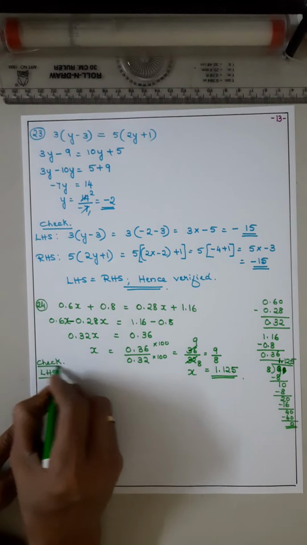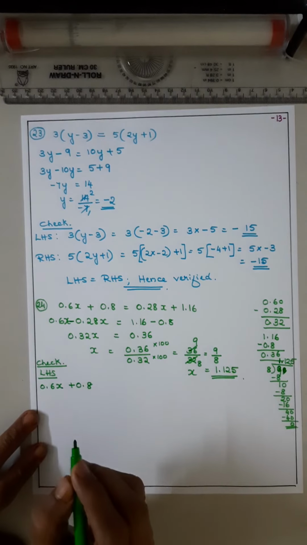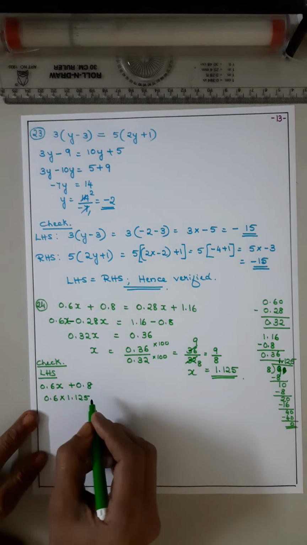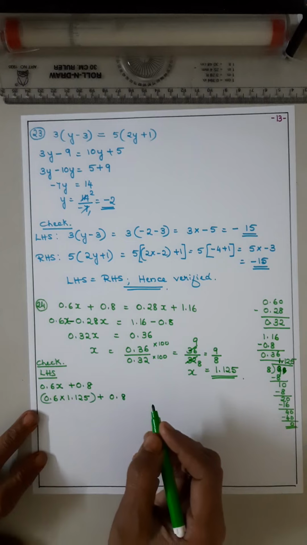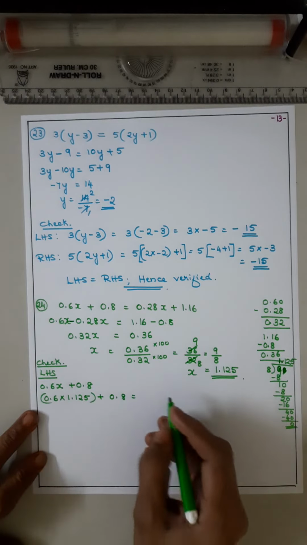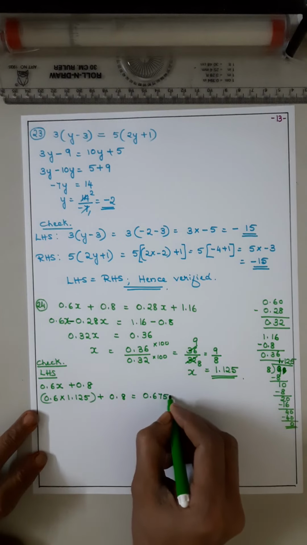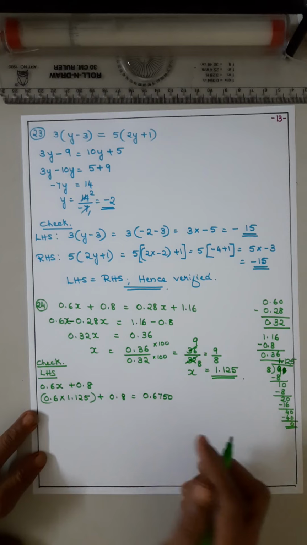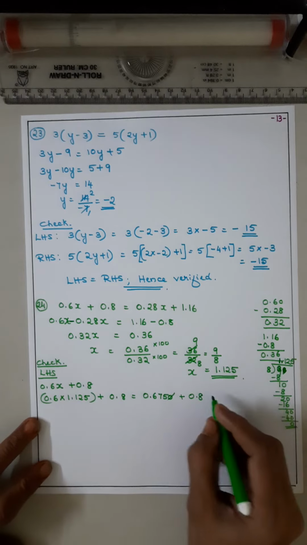LHS. 0.6x plus 0.8. So when you multiply 0.6 into 1.125 plus 0.8, when you multiply, you will get 0.6750. 4 decimals, so 6750. So this 0 will be cancelled, plus 0.8.